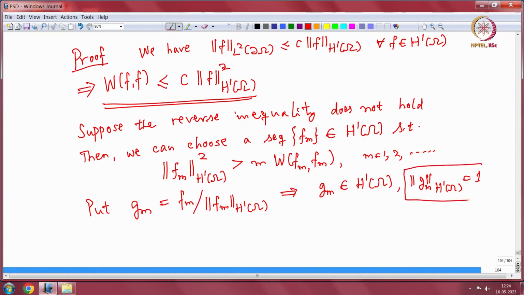So, Gm is a bounded sequence in H1 omega, and using the linearity of this bilinear form W, further W(Gm, Gm) is less than 1 by m.